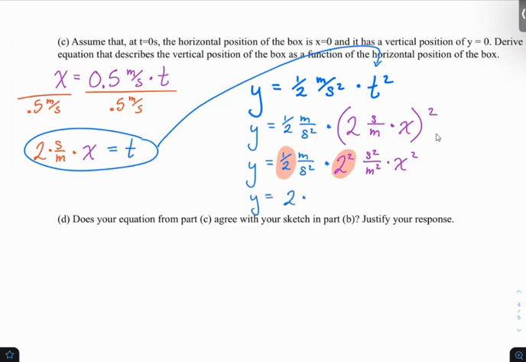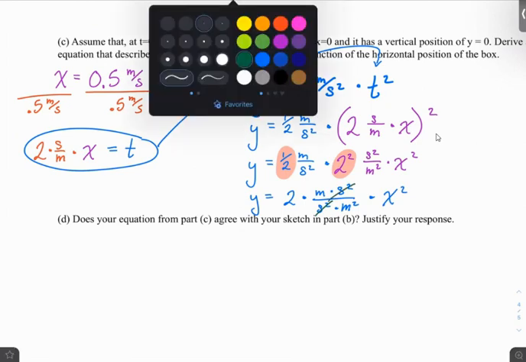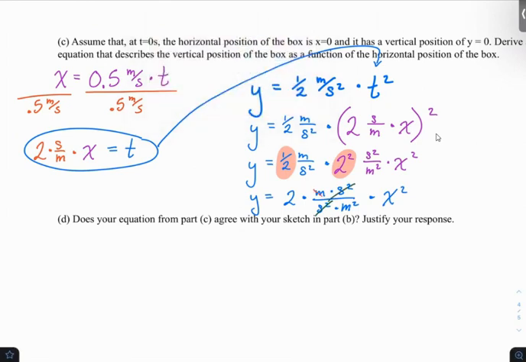So y is equal to 2 times, and I'm going to write out the units for a moment, meters times seconds squared over seconds squared times meters squared times x squared. In terms of units, the seconds cancel each other out, and one of the meters cancels out one of those meters.